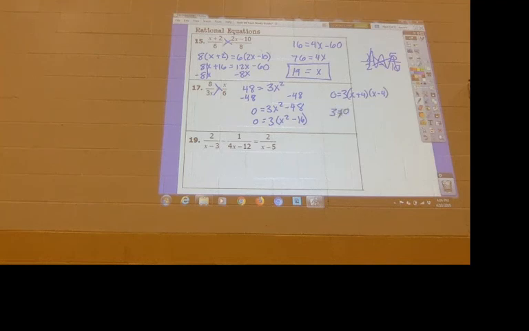Does that work? No. x plus 4 equals 0 gives negative 4. x minus 4 equals 0 gives positive 4. So this one ends up having a quadratic solution, which makes sense since it was a quadratic equation. My 2 points are negative 4 and 4.